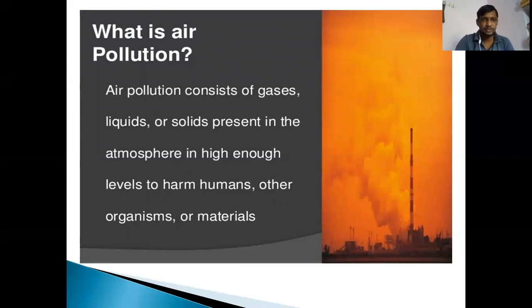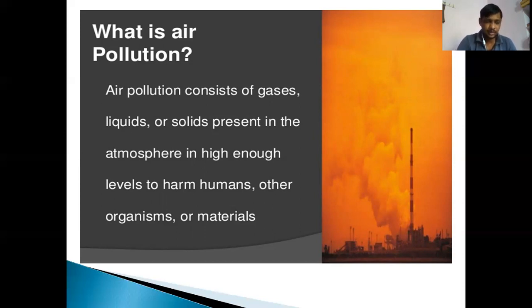What is air pollution? Air pollution consists of gases, liquids, or solids present in the atmosphere in high enough levels to harm humans or other organisms or materials. That means the pollutants may be liquids, solids, or gases, present in the atmosphere at a certain level.